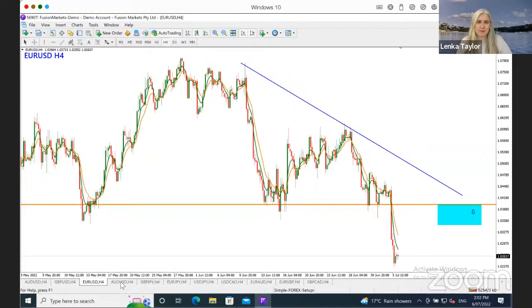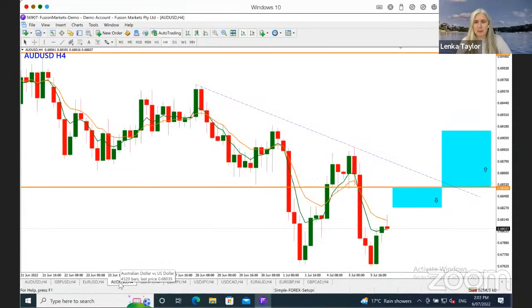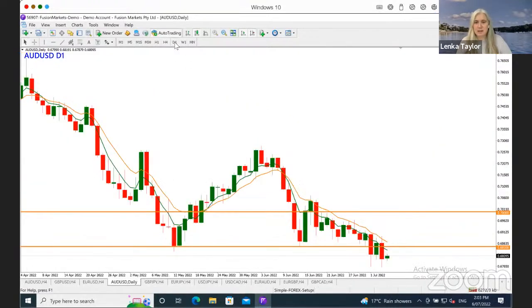The next currency pair I'm looking at is AUDUSD. And AUDUSD is now underneath the daily, but again, only one close. So we had one close below, then above, then below. So let's see, where is that price going to go?